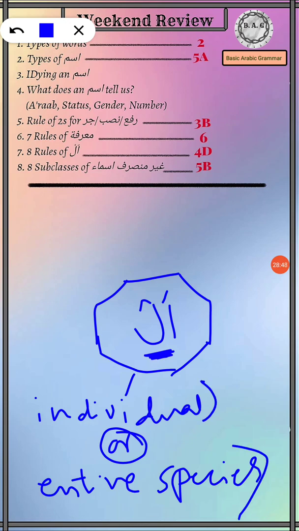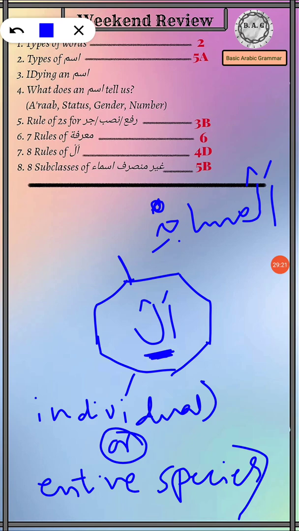All right, now the last point for al is, remember how we did masajidu, masajida, masajida, in the nasab and jar form. So what happens in jar form is that if we add an al to this munsarif ism, it becomes al masajidi.